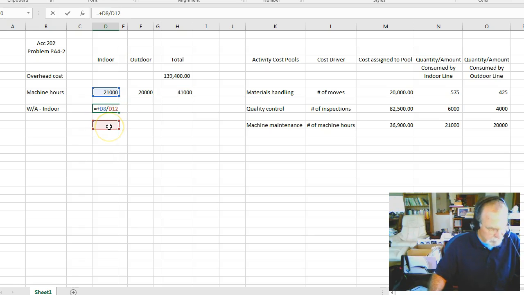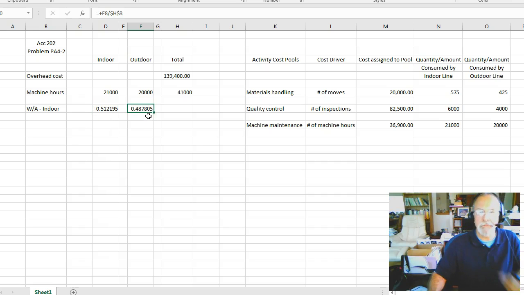And we can copy that formula to calculate the same percentage for outdoor, and that would be 48.7805%.